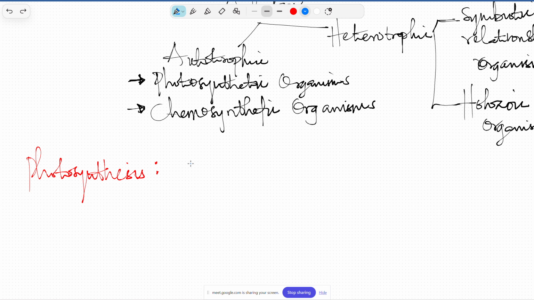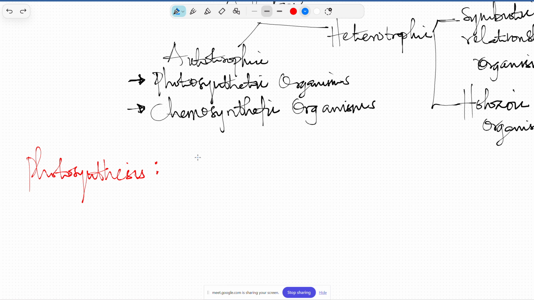So photosynthesis, I said, is the process of organisms, specifically green plants, manufacturing food with the use of energy from the sunlight and also inorganic substances like carbon dioxide and water.